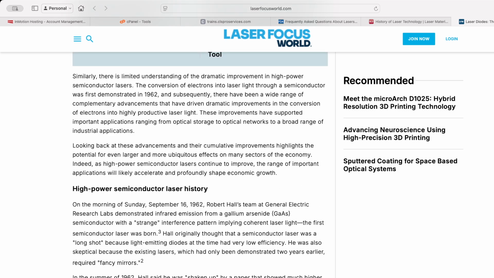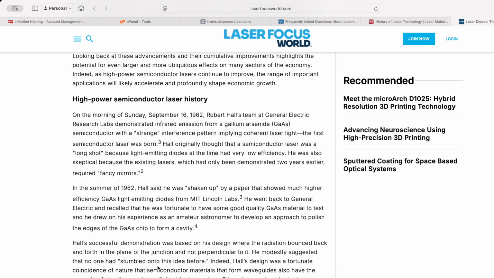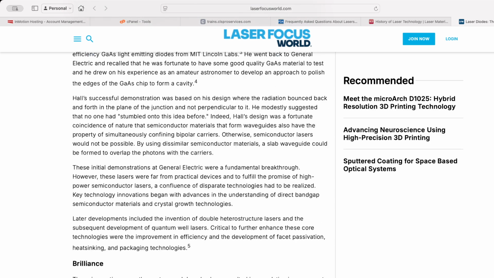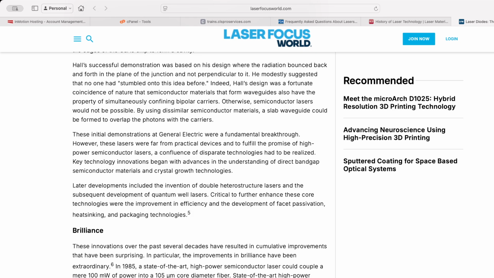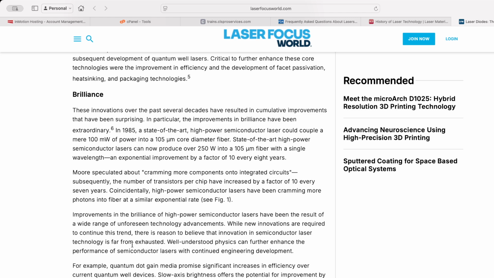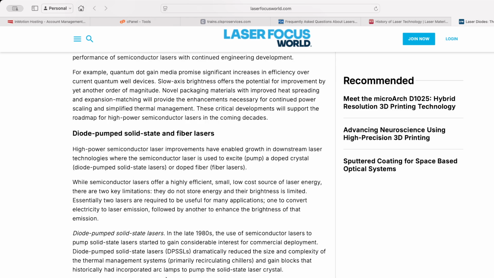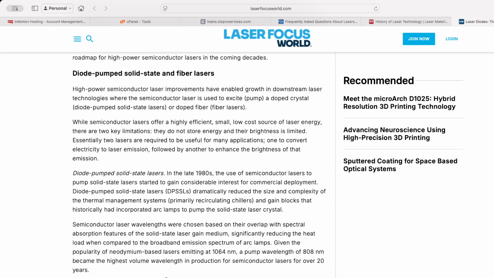I believe it's General Electric who in the 60s had done a diode laser, but it wasn't very powerful. But as things got more powerful and you put more diodes together, then you start to get lasers that are more powerful using semiconductors, and they were able to also use that to create fiber lasers as well, using fiber optics. That's where the fiber lasers came about.